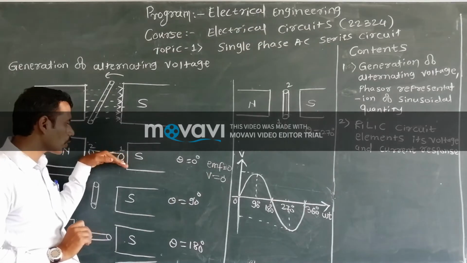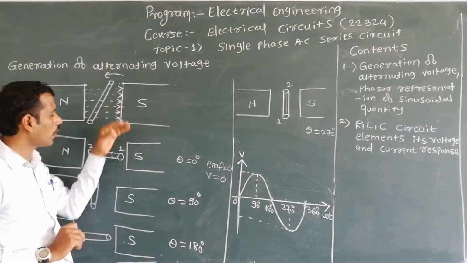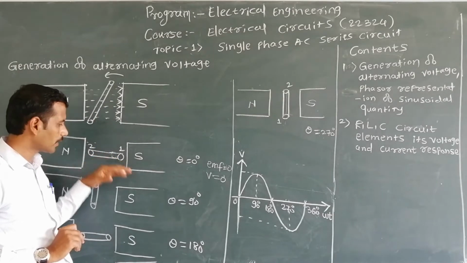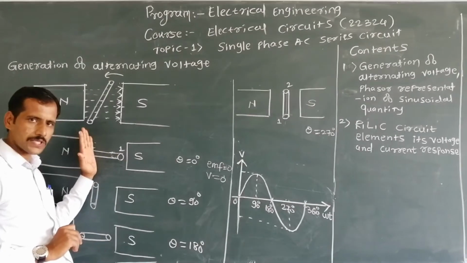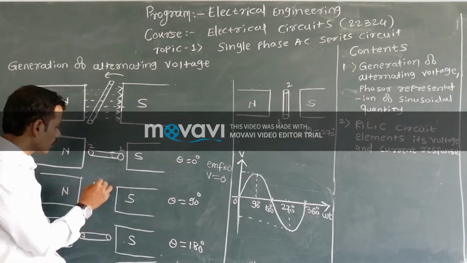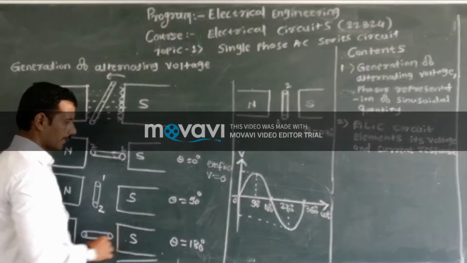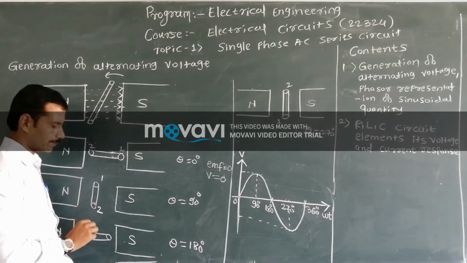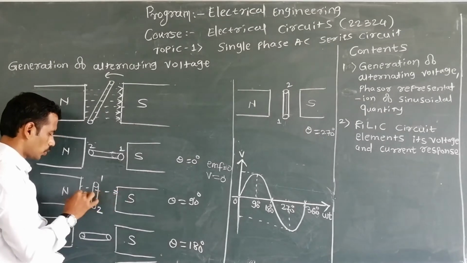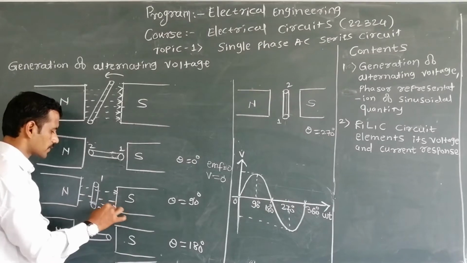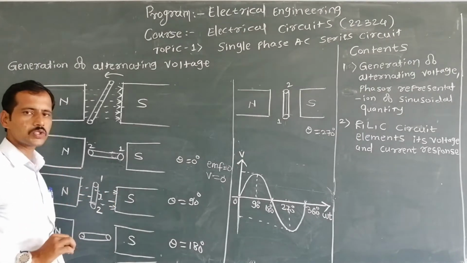Next, again we are rotating the conductor in anti-clockwise direction with the help of turbine. Second position is theta equal to 90 degree. At theta equal to 90 degree, both conductor and magnetic flux are perpendicular to each other.